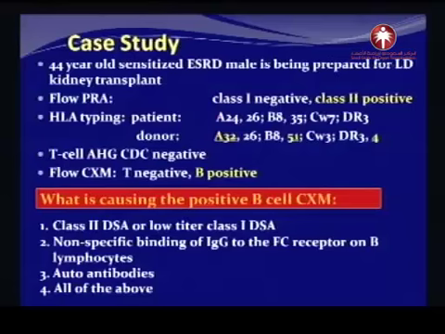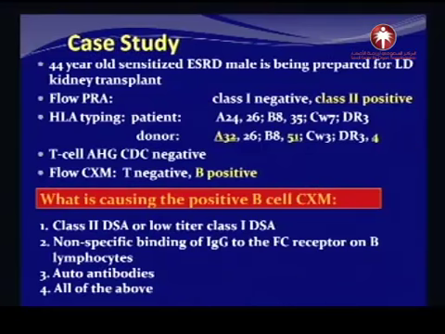Let me, again, this is important, so let's spend more time with B-cell cross-match because it's very important. What they're saying is probably true, but again, look at positive B-cell cross-match in the context of your patient. Now, if I tell you the same story, but I tell you this patient was not sensitized by flow PRA, whether class 1 or class 2, I'm giving a clue that she was not sensitized to class 1 and class 2, and she had a better degree of matching between her and the donor, and you are faced with positive B-cell cross-match, then at that point probably you should question.